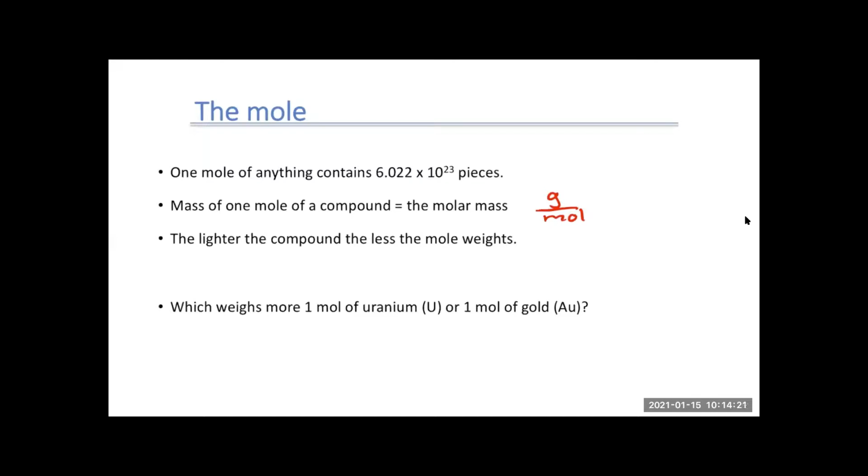If we look at the periodic table, uranium has a mass of 238 atomic mass units. So 1 atom of uranium weighs 238 atomic mass units. Gold has an atomic mass of 196.97.